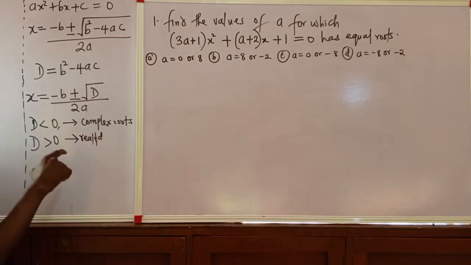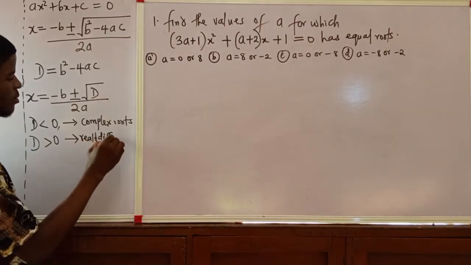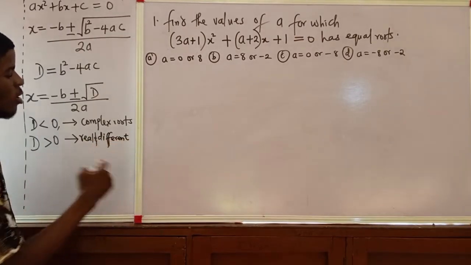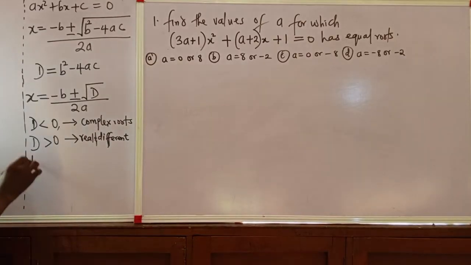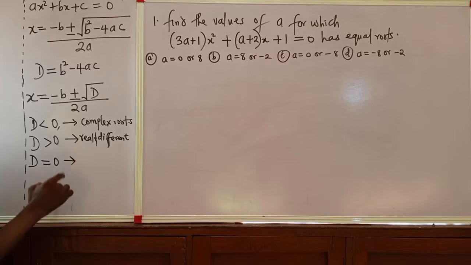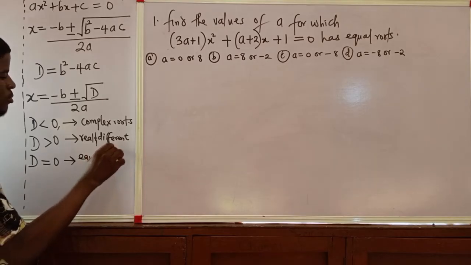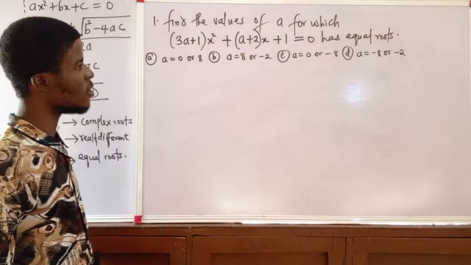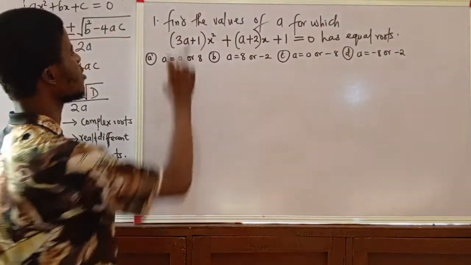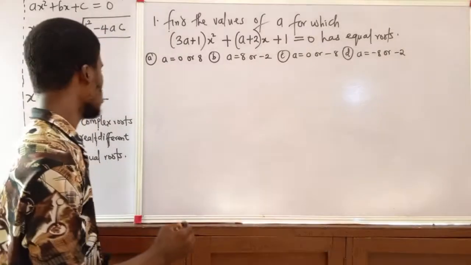That is, the roots are real numbers and they are different, or distinct. What if the discriminant is equal to 0? It means that both roots are equal. They are equal roots.